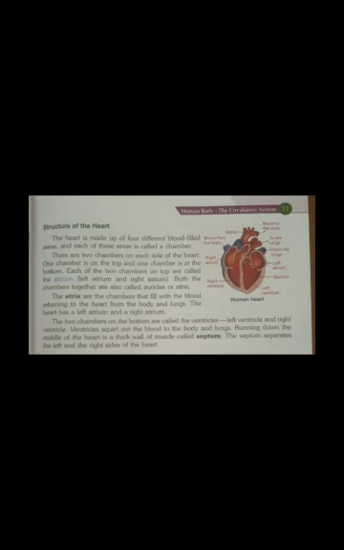Right, because one side will get oxygenated blood and the other side will get deoxygenated blood, that means blood that is rich in carbon dioxide and less in oxygen. Like this the whole process continues.